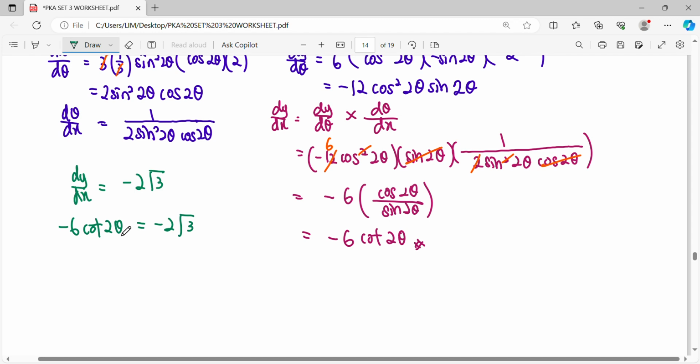Firstly, look at the equation here. Is it in the simplest form already? The form that we can solve is trigo angle equals value, so make sure the value is simplified to the right hand side. Our trigo here is cotangent, the angle is 2 theta, and the value, when you divide by negative 6, becomes root 3 over 3.